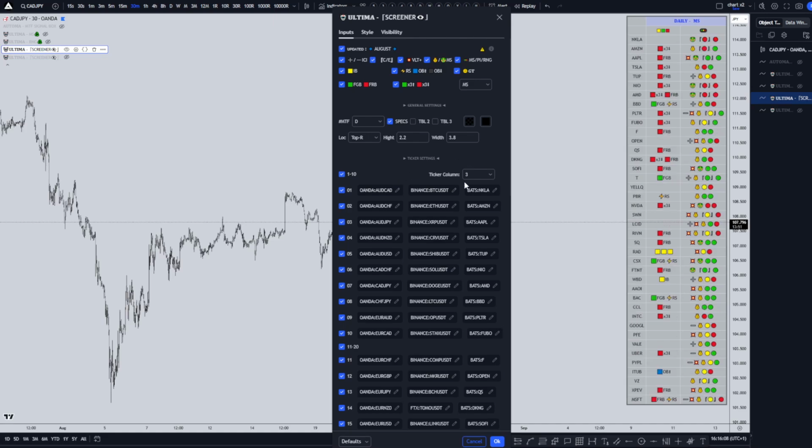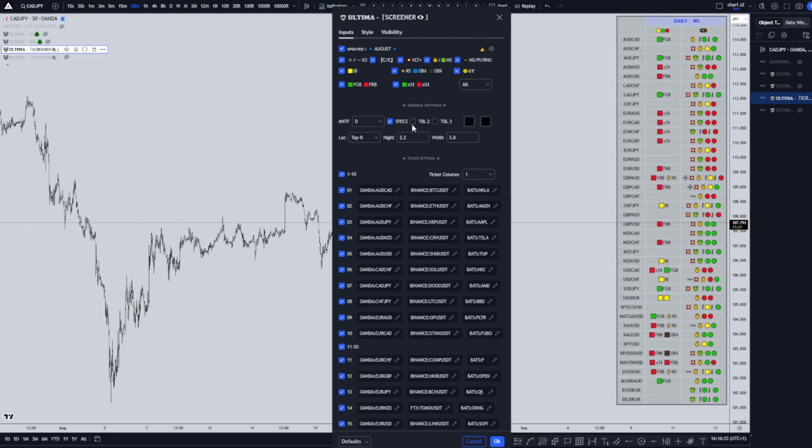At the same time, let's cover the general settings instantly. That will be this section right there. So basically these are colors for the table background and for lettering. So let's go back to 1.